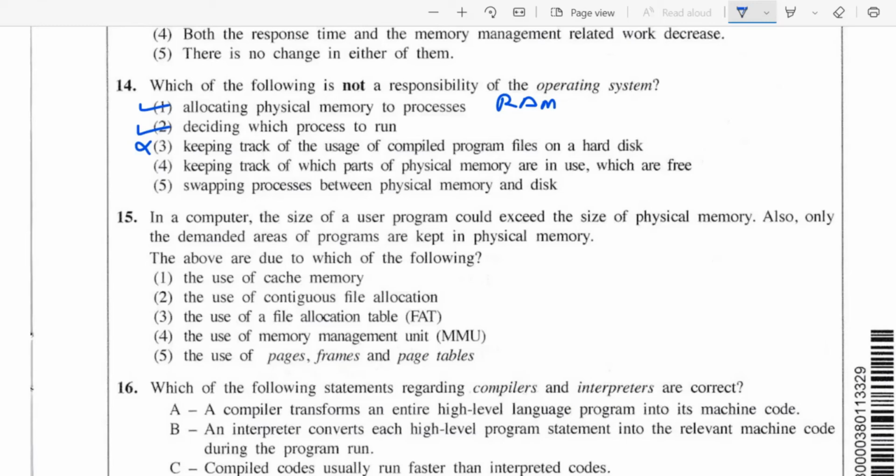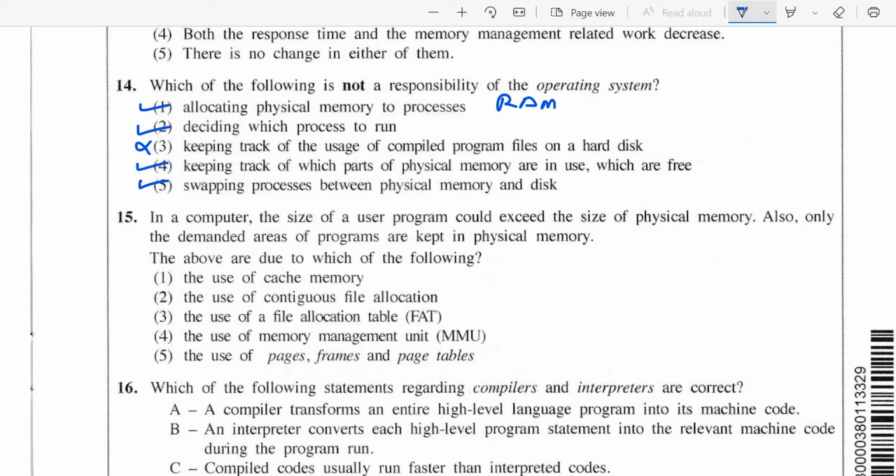Yes, operating system should have a good understanding about what is the available free space in the RAM and what are the running processes inside the RAM. So it's a part of memory management. Swapping processes between physical memory and disk. Yes, the OS does this as a part of memory management. It's swapping data or pages between RAM and the disk, meaning virtual memory. That is correct. So answer is 3.